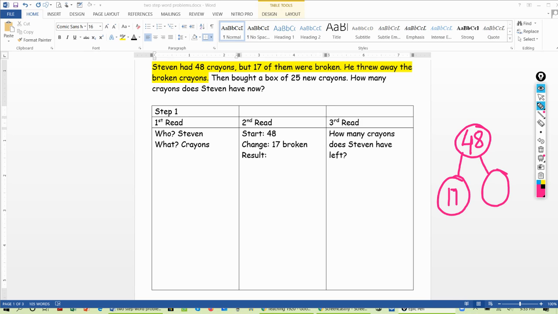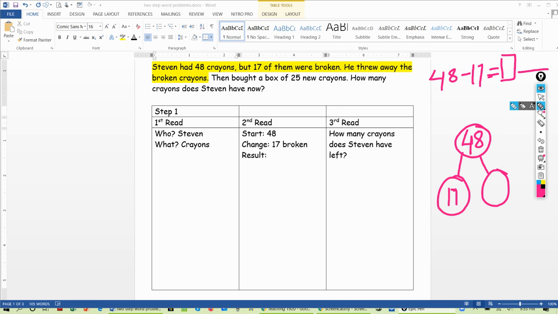Write your equation. So 48 take away 17 equals something, and you have to tell me what crayon, what is the label.